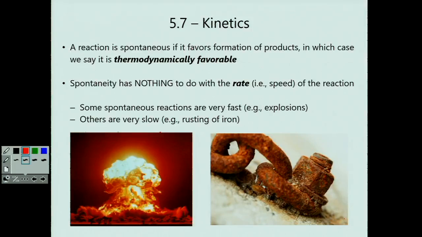Eventually it will, but it's a super slow process at normal atmospheric temperature and pressure. Because under the conditions that are happening underground, the spontaneous process is the opposite. Graphite becoming diamond. When you bring it out, the opposite is what's spontaneous. But it's so slow that you'll never be able to perceive it. So this is the whole point. Spontaneity has nothing to do with rate. Both of these processes are spontaneous. This is a very low rate. This is a very high rate.